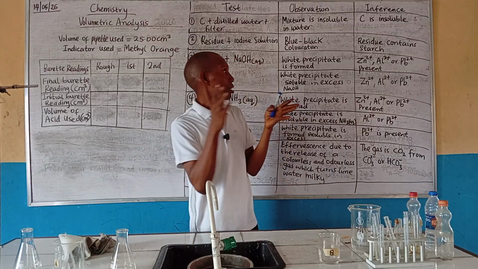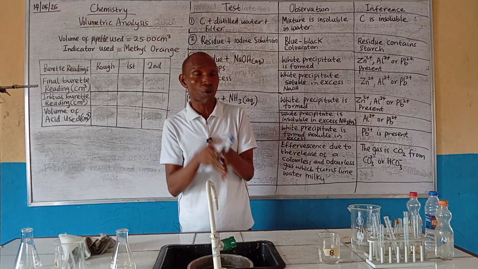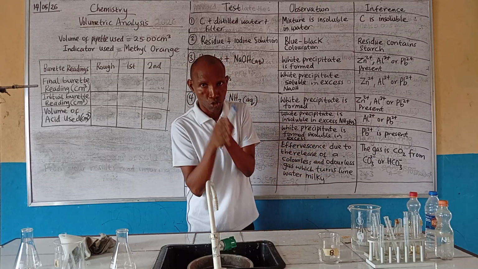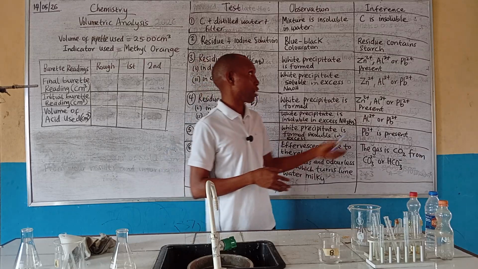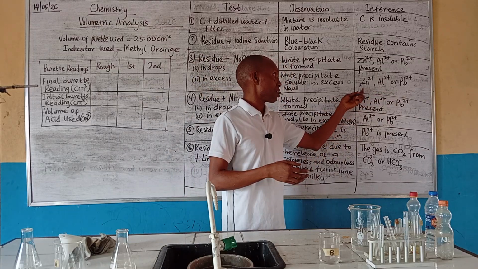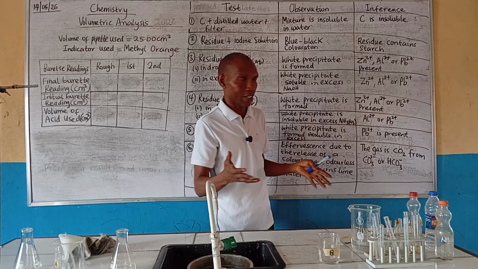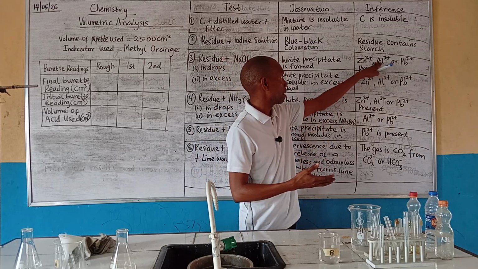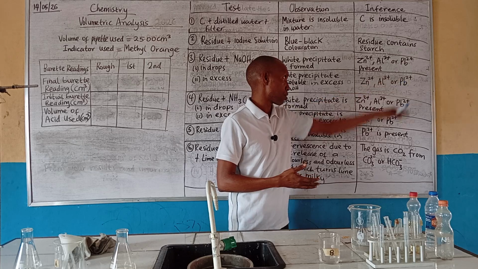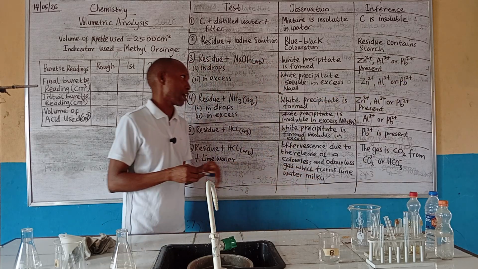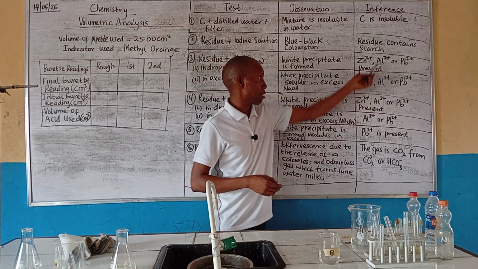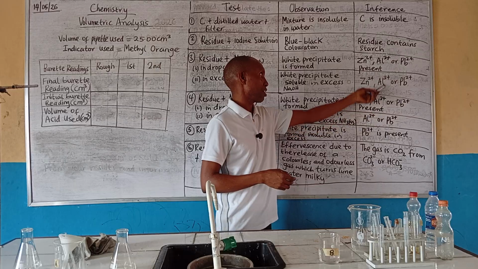There are other cations that can dissolve in excess sodium hydroxide apart from lead. The other ones are zinc and aluminium. So this is not a confirmatory test for lead. So you are going to write the same thing that we wrote before for drops. The inference is the same for both in drops and in excess.